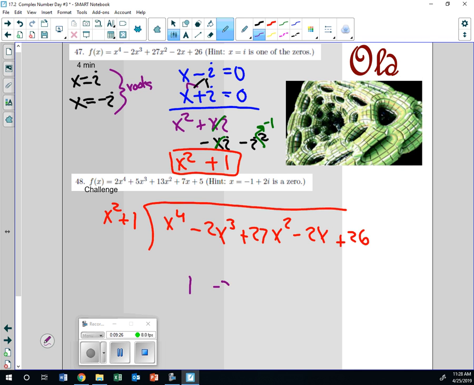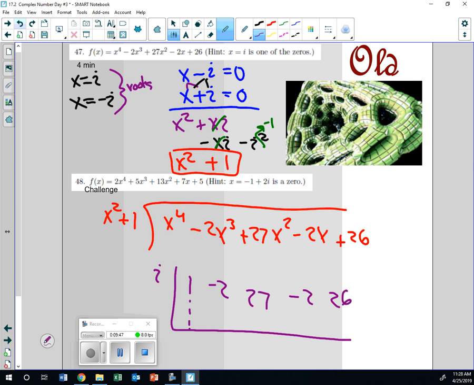1, negative 2, 27, negative 2, 26, and then we do this synthetic, and we have i as the root.